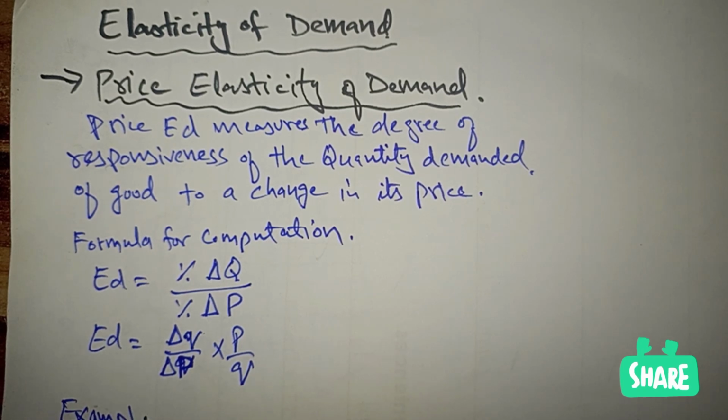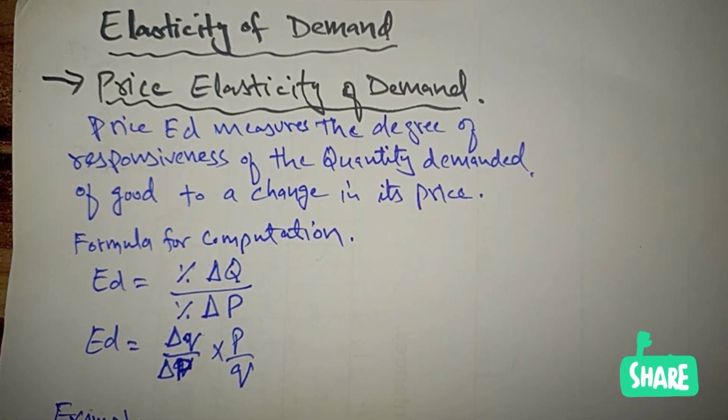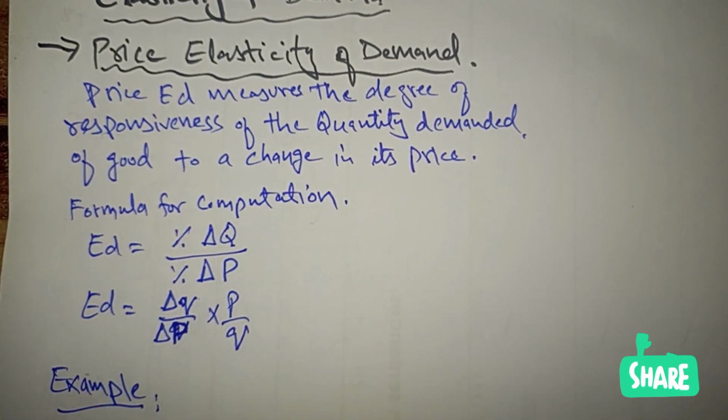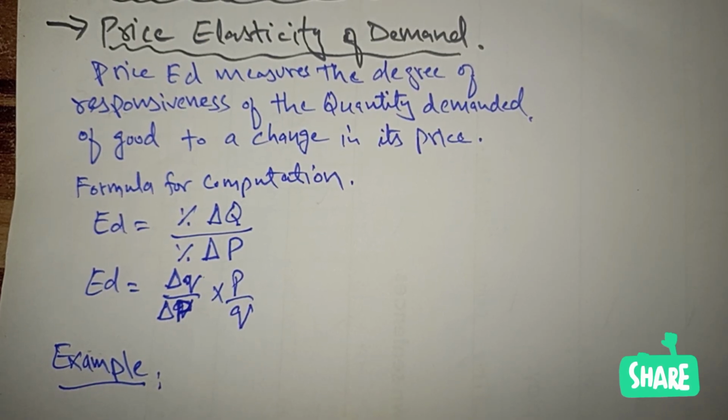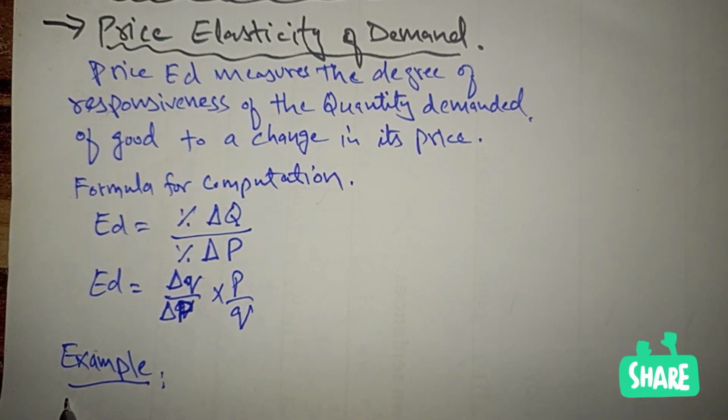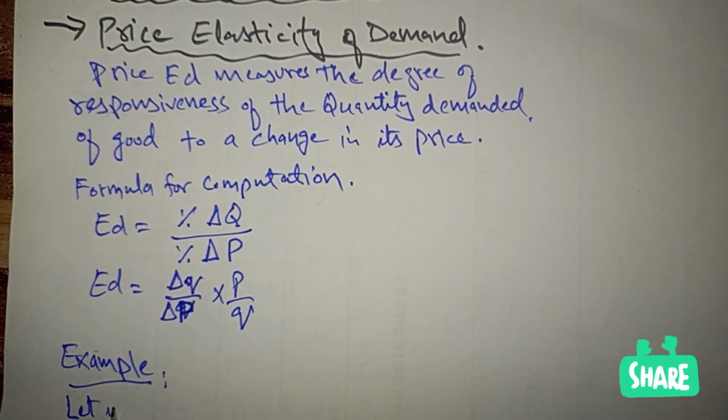Now this formula can be written in simple form, that is, ED, elasticity of demand, is equal to delta Q, the change in quantity demanded, divided by delta P, the change in price, multiplied by original price divided by original quantity.